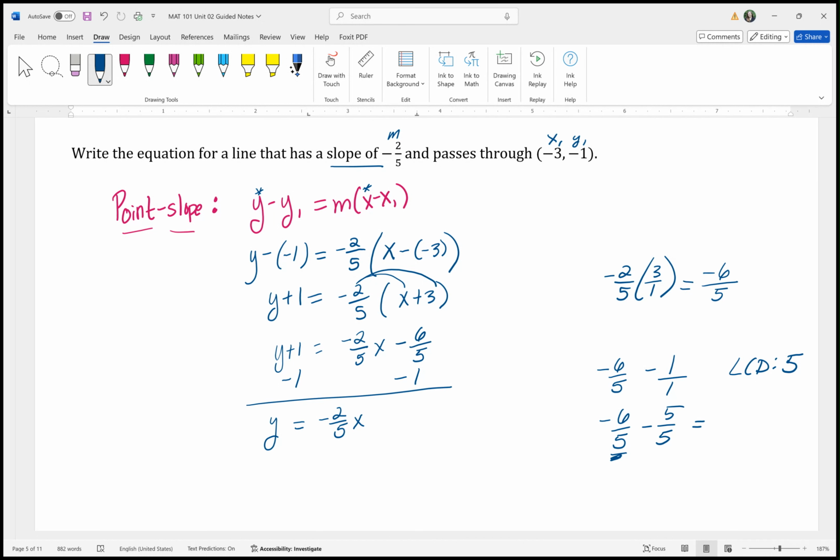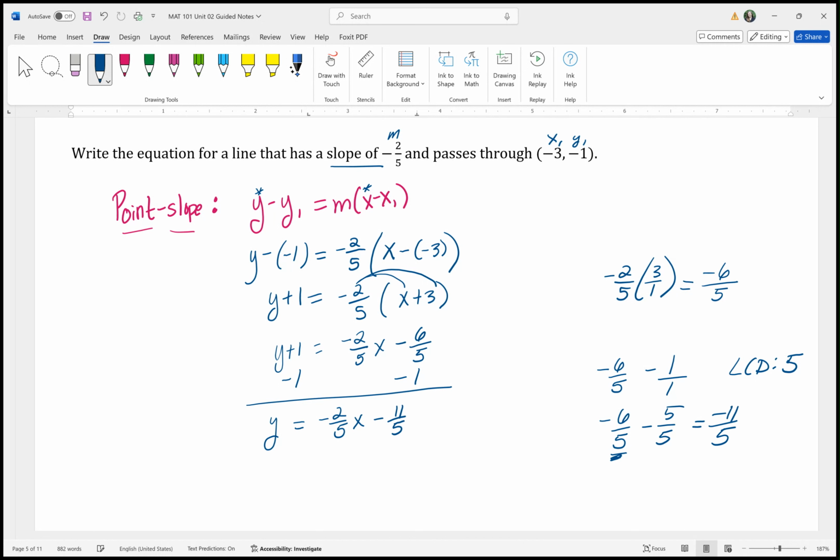You're going to do the top, but keep the bottom number the same, as long as they have the same denominator, okay? It has to have an LCD. So negative 6 minus 5 is negative 11 over 5. You could absolutely put that in the calculator. Just be really careful in simplifying and entering that in your calculator. So this is going to be negative 11 fifths.